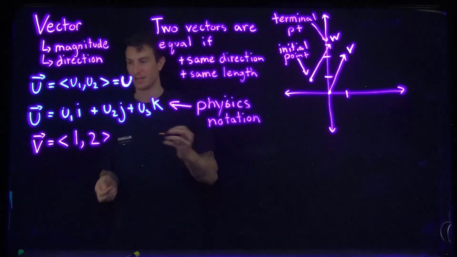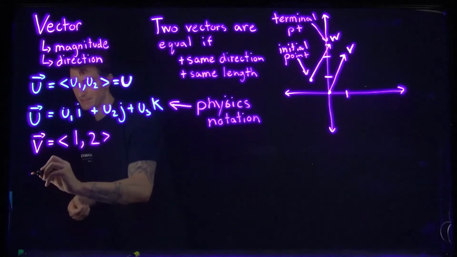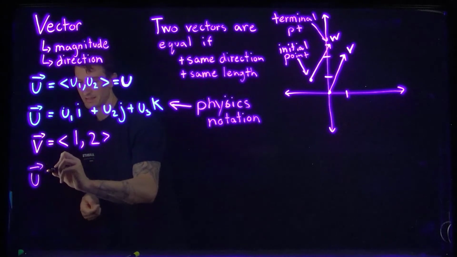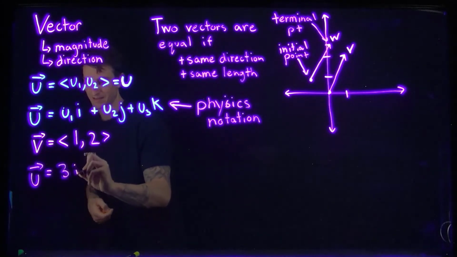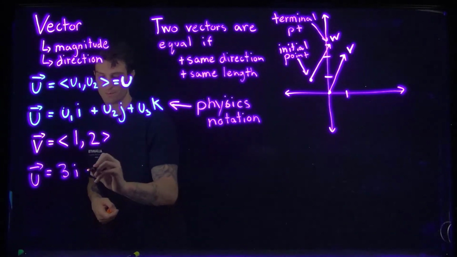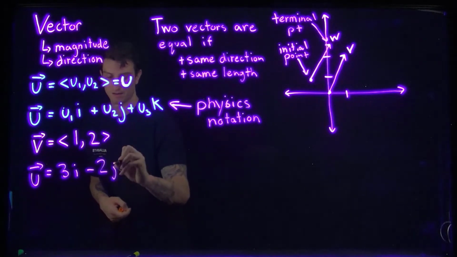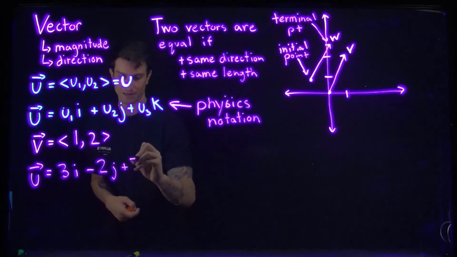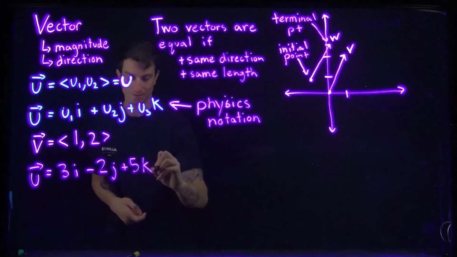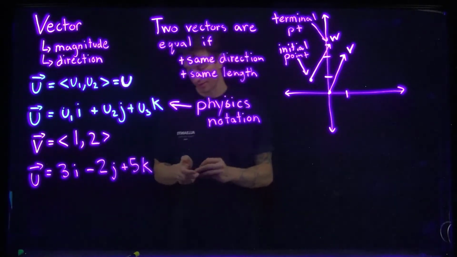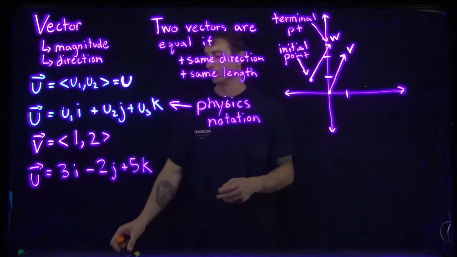An example here would be, let's say u, since we're using the same thing, is equal to 3i minus 2j plus 5k. And to me, as far as calculating, this is not a very useful structure.